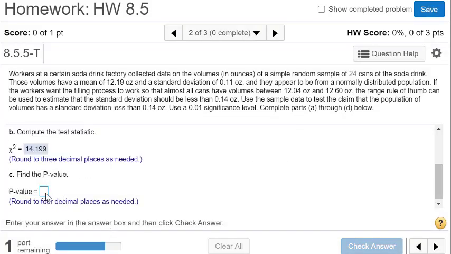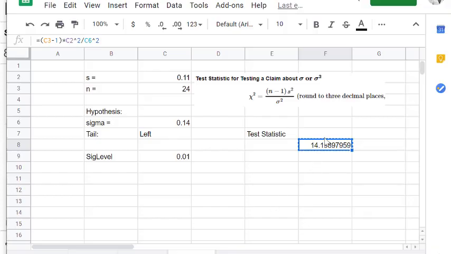Next, they want us to find the p-value. So this is a left tail test, and the tail is happening on the left side. Well, our p-value is going to be the tail on the left, so actually we just want to find the left side of this. Sorry.